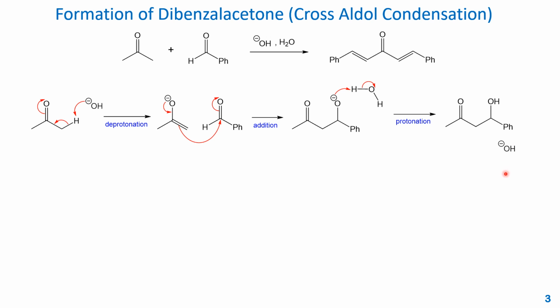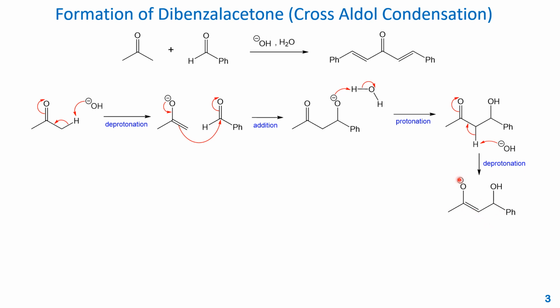And then next step, the base will deprotonate this alpha proton. Deprotonation pushes the pi electron to here, forms the pi bond, and pushes the pi electron to the oxygen here. And then that deprotonation gives you this enolate intermediate. And basically this follows the E1CB mechanism.